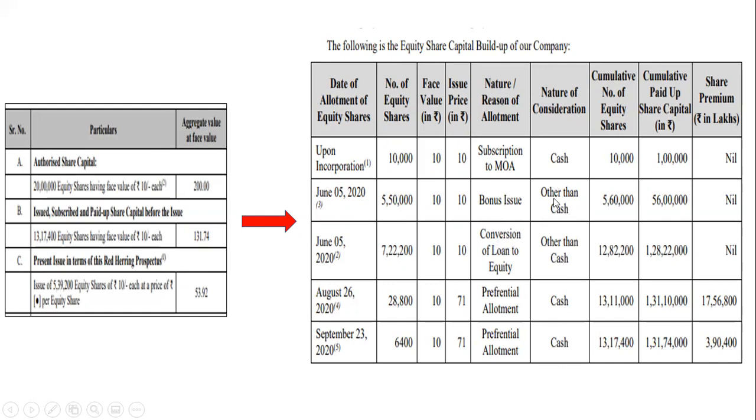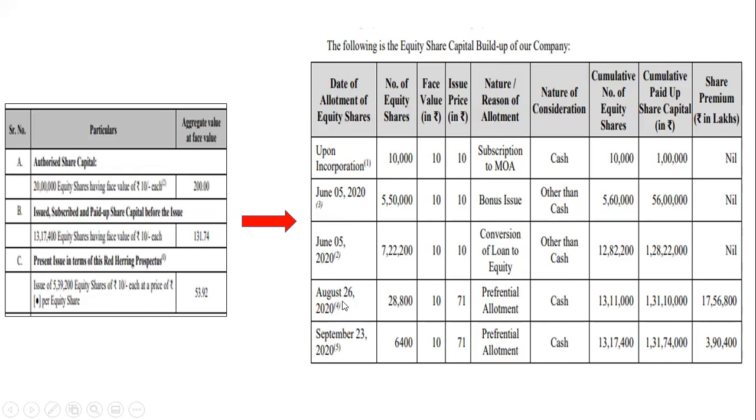Both these are called the issue of shares for consideration other than cash. In the process of issuing bonus shares and converting the loan, the capital increased from 100,000 to 128 lakh, the total capital increase.